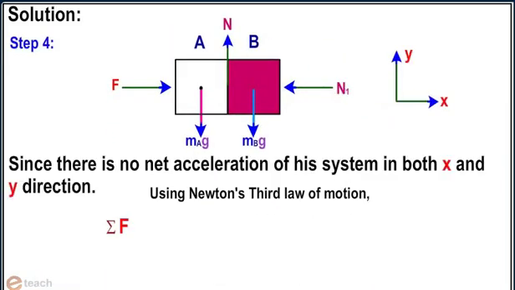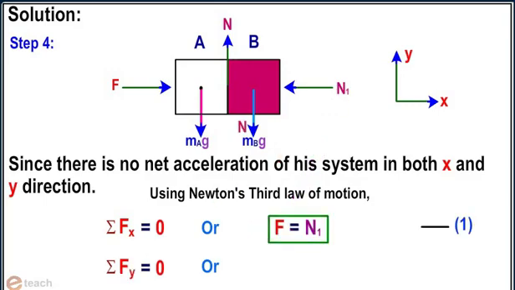Since there is no net acceleration of the system in both x and y direction, using Newton's law of motion, sigma Fx equals 0 or F equals N1, and sigma Fy equals 0 or N equals (MA plus MB) into g.